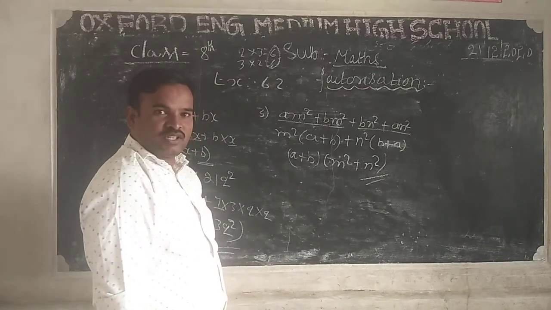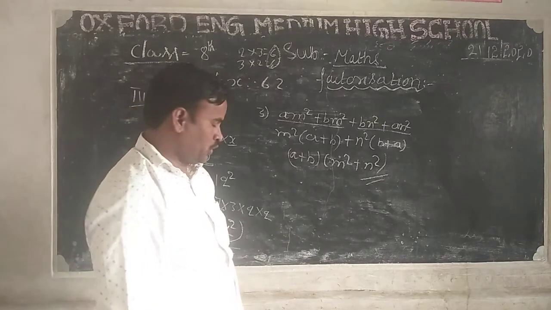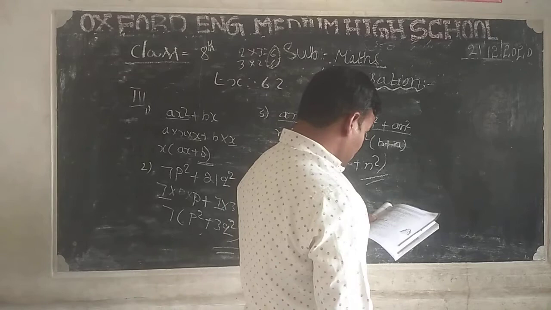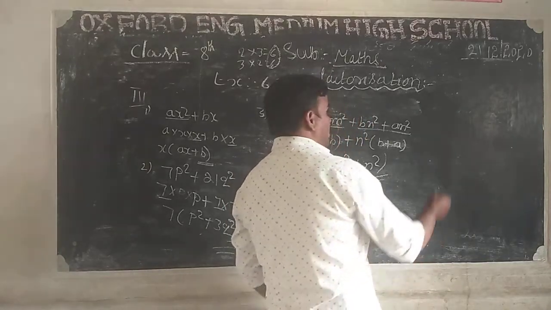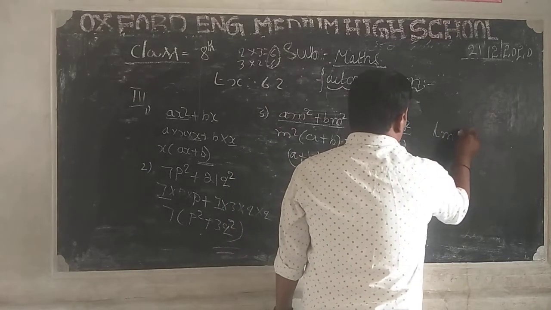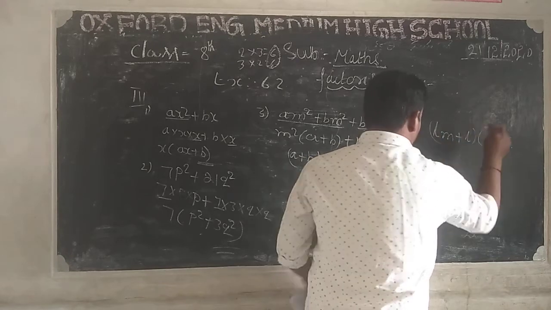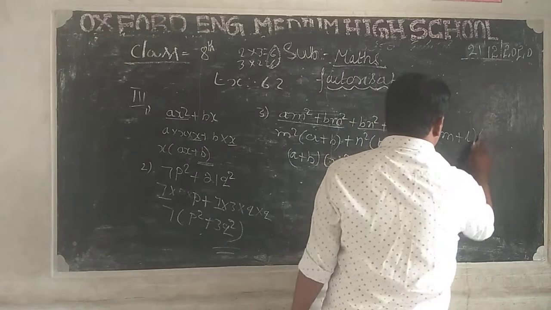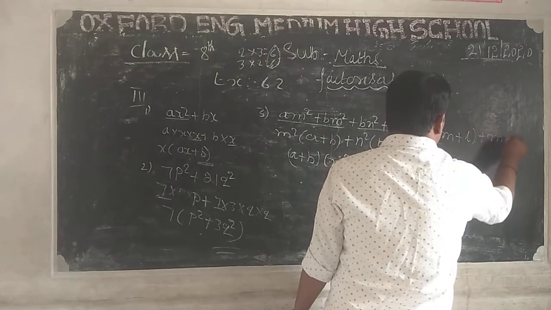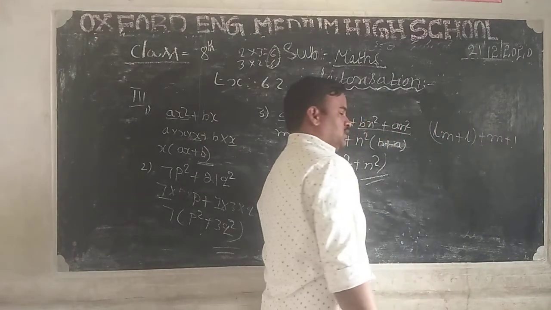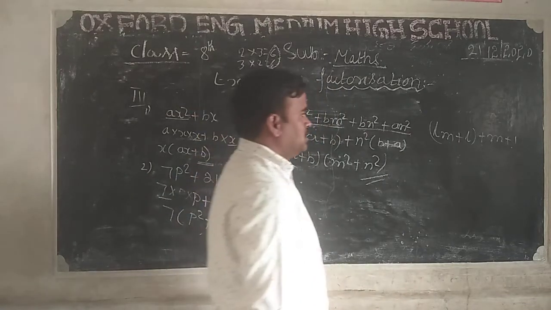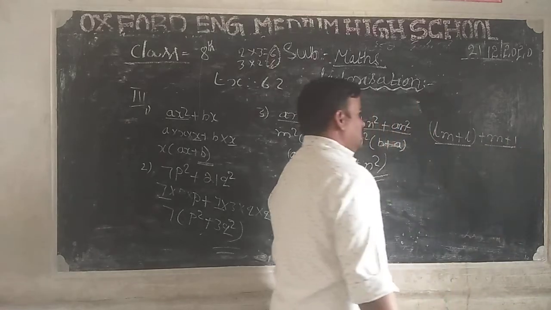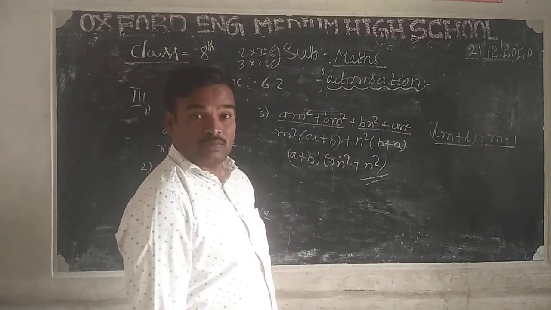So shall we move to the next one? Sums in this same way. lm plus l plus m plus 1. Look at this, students. Here we make two groups: lm plus l, and m plus 1.